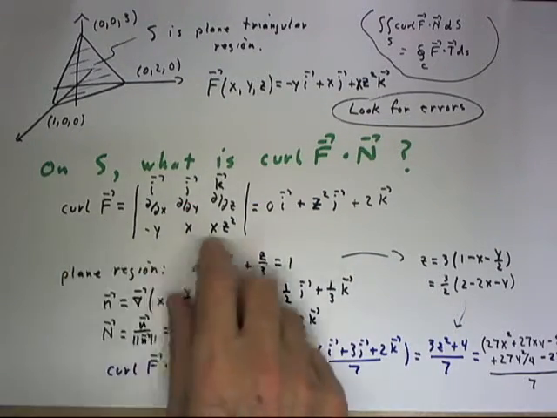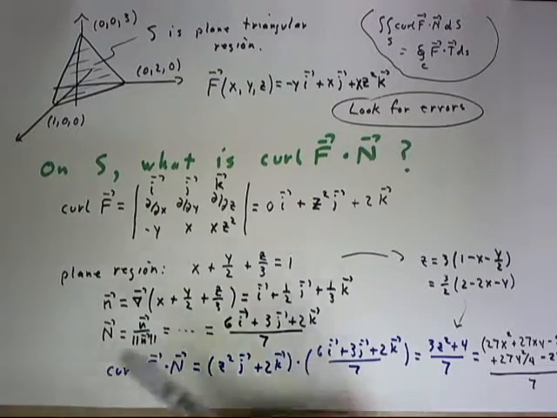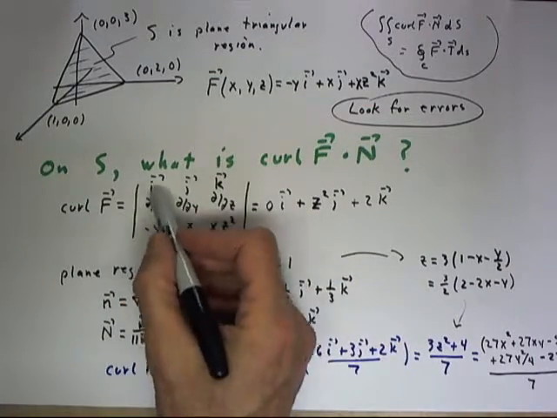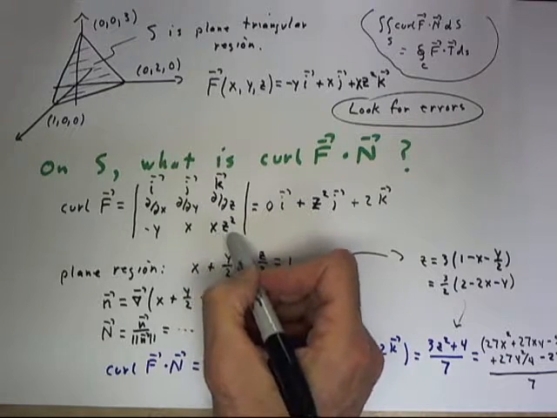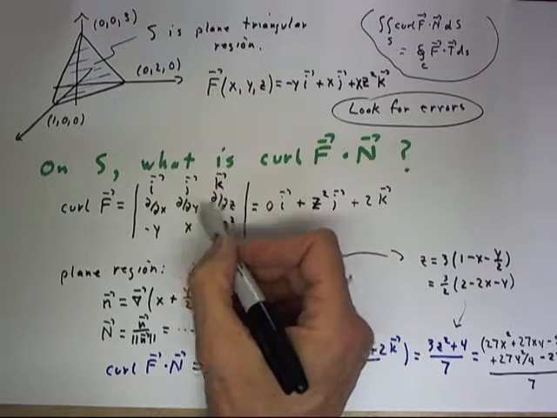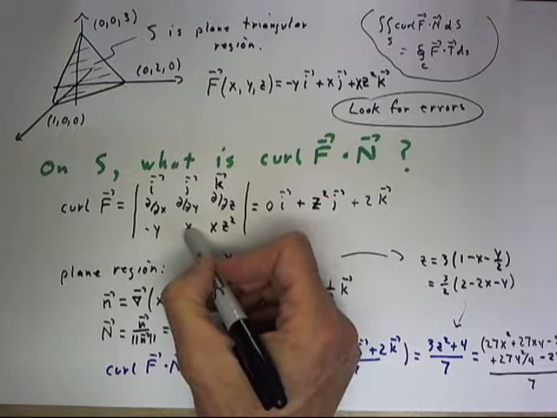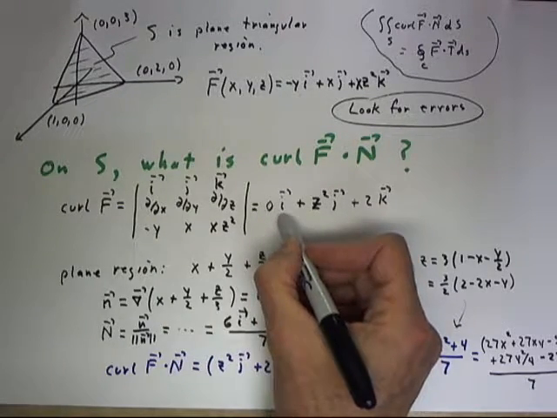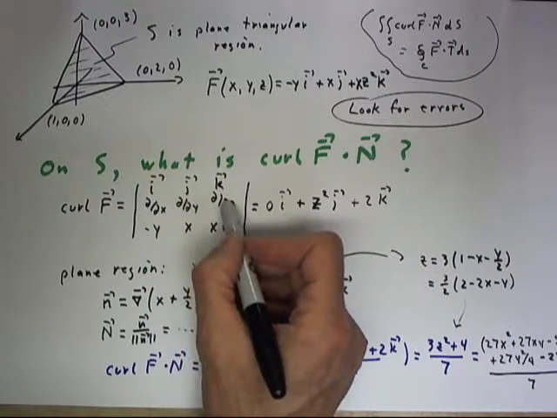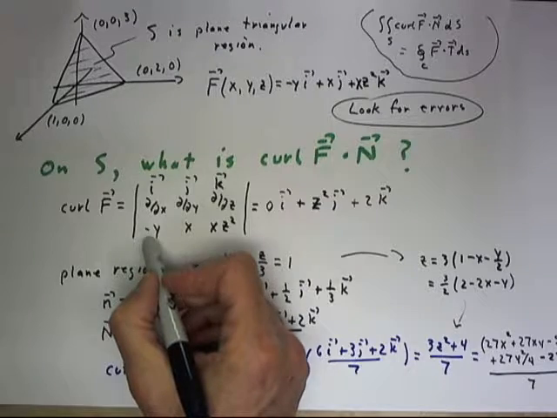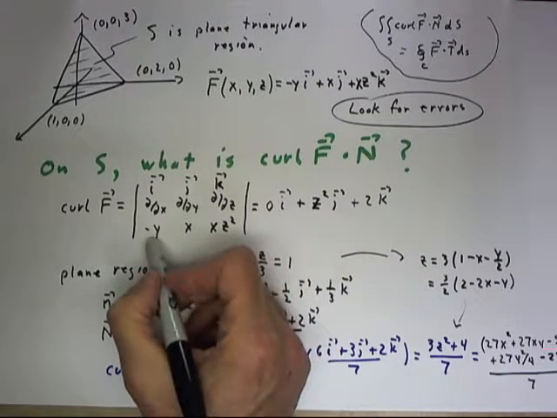Now we go ahead and calculate the curl of F. This is the first place I'd better check myself for errors. We have i times the partial of this with respect to y. No y dependence here. Partial of z with respect to x. No x dependence. No z dependence here. So we have 0 times i. Then we have minus j times the partial with respect to z of negative y. Well, there's no z dependence in y.